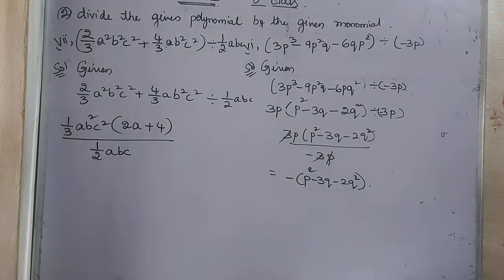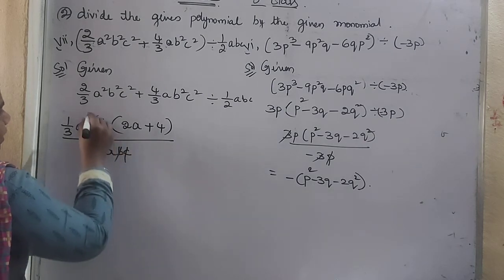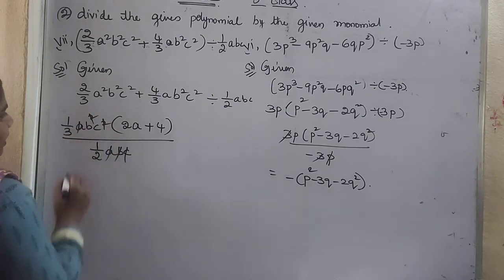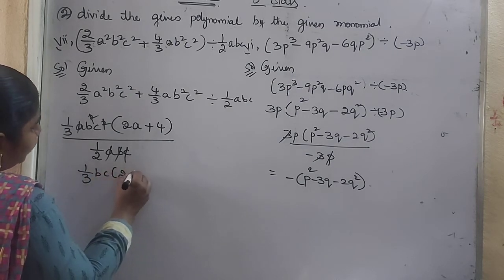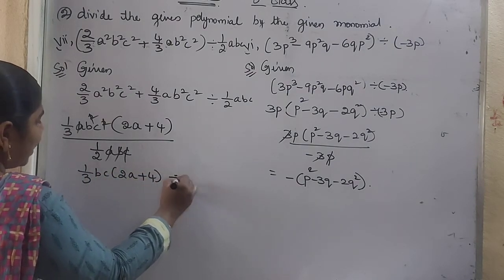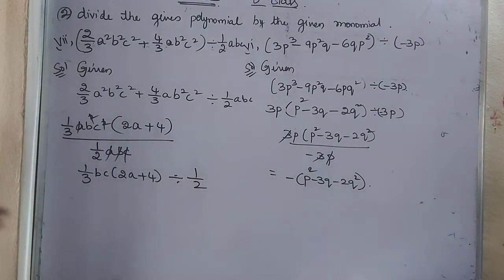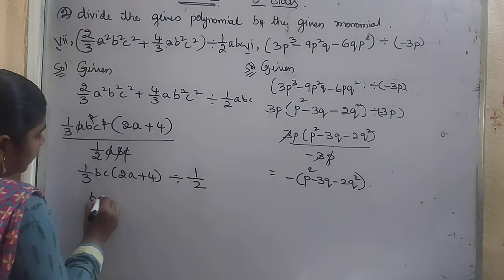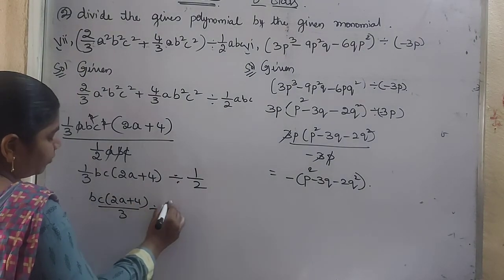Okay, so how to divide this we will see. So first we will cancel. C will get cancelled, B will get cancelled, A will get cancelled. The remaining terms are bc into (2a plus 4) by 3 divided by 1 by 2.